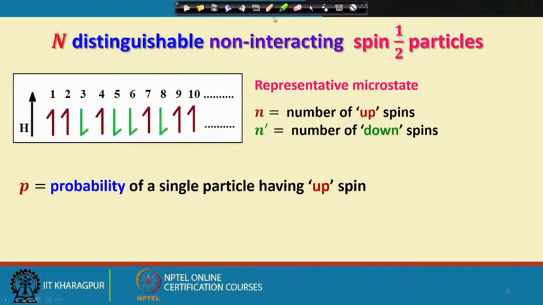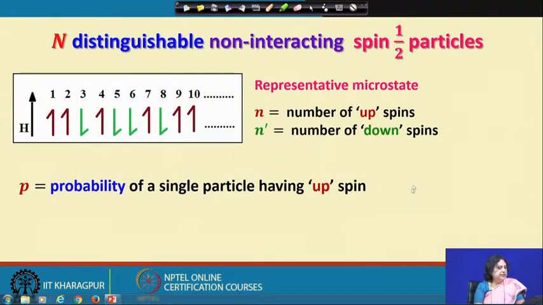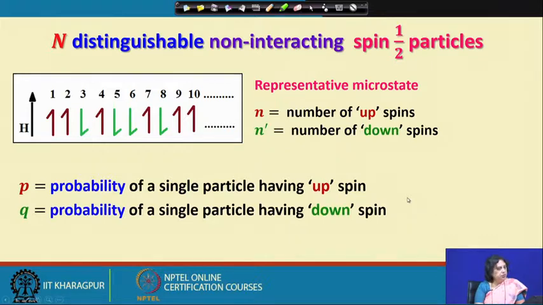That is exactly what I have shown here. So, I am assigning a probability p of a single particle having an up spin, and similarly a probability q for that particle having a down spin.